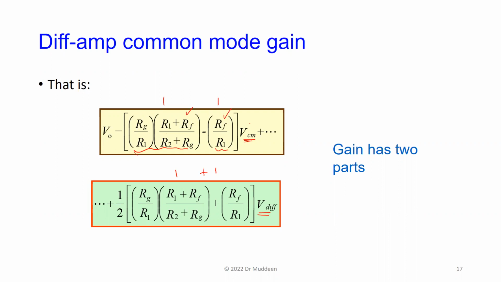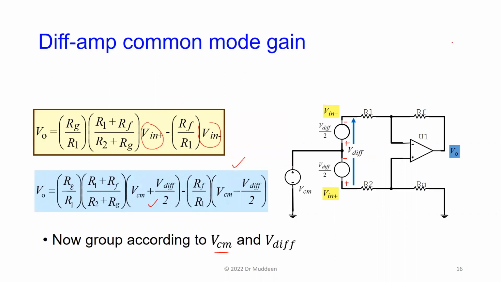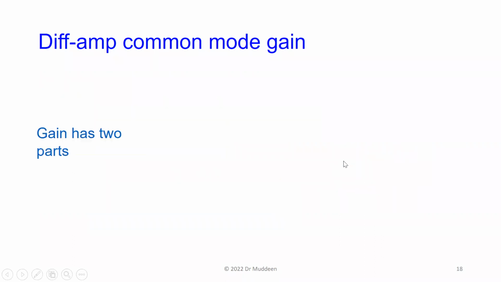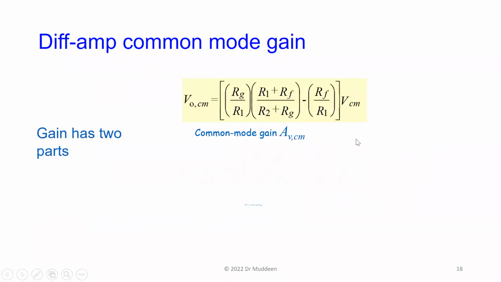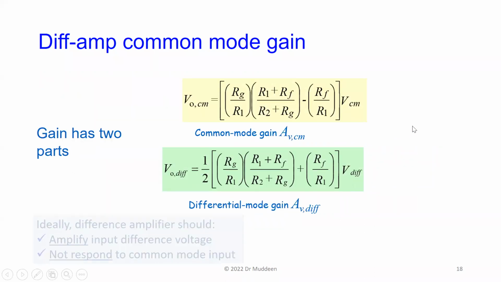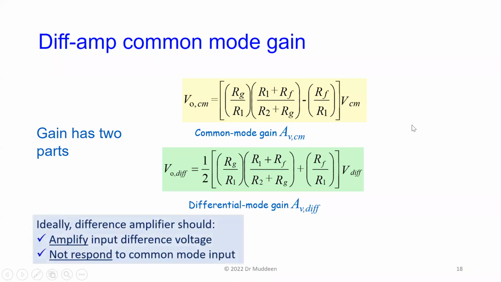The problem, of course, is that you can never get the resistors exactly equal. These resistances always have some tolerance. So let's see what the effect of that is. The gain has 2 parts.